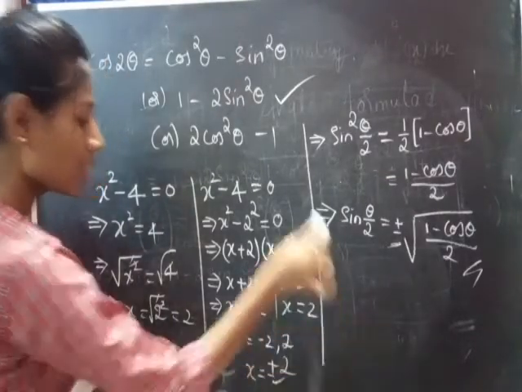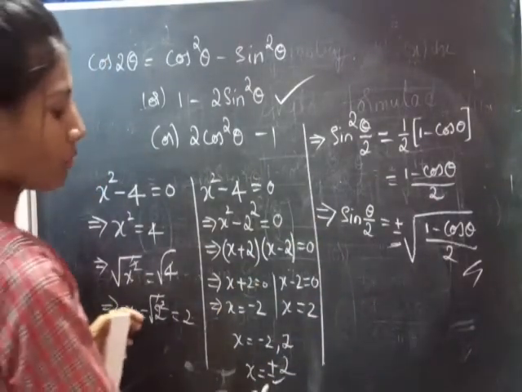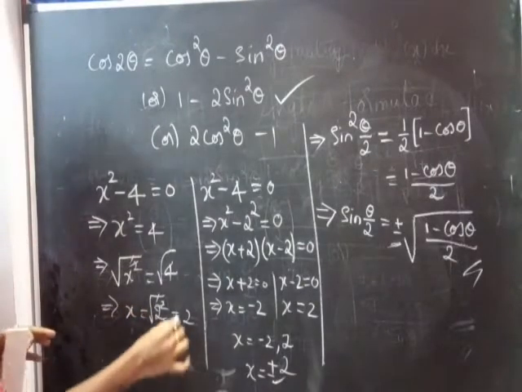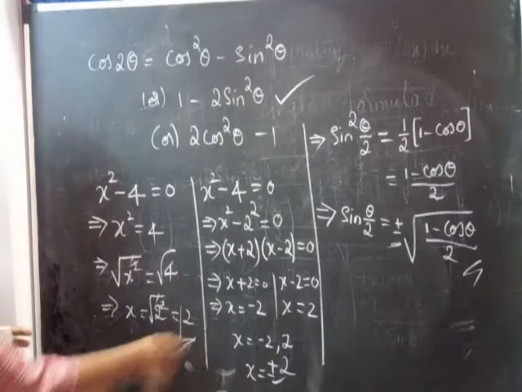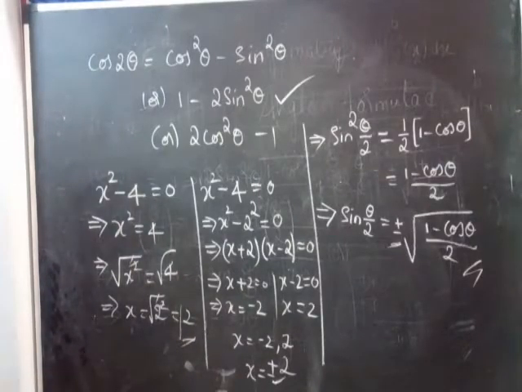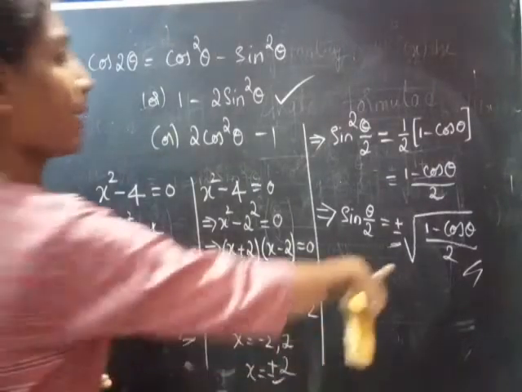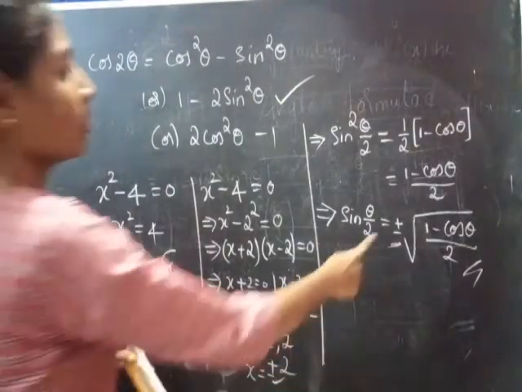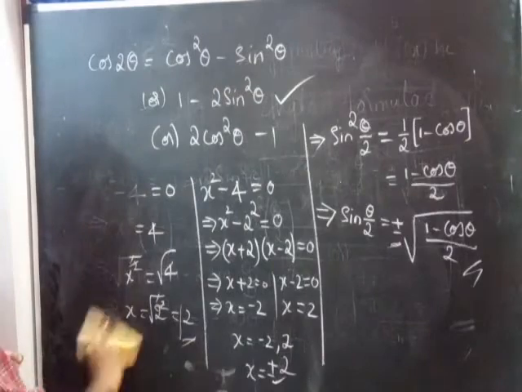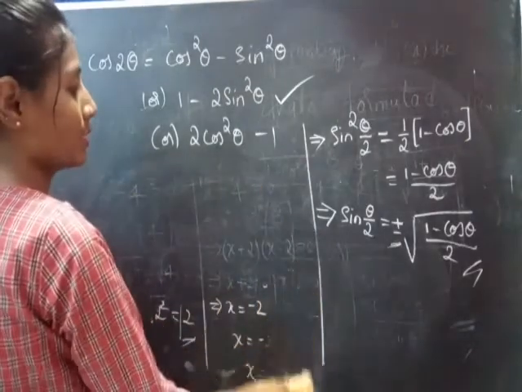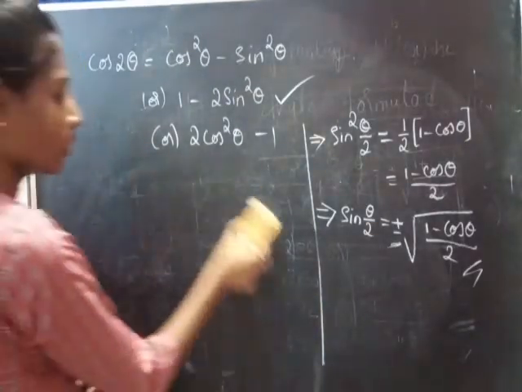This is the absolute value. x equals plus or minus 2. But here signs are missing. Okay. You can consider it as absolute value. If you are considering square roots, you will use the plus or minus symbol if you want to consider both. Okay.